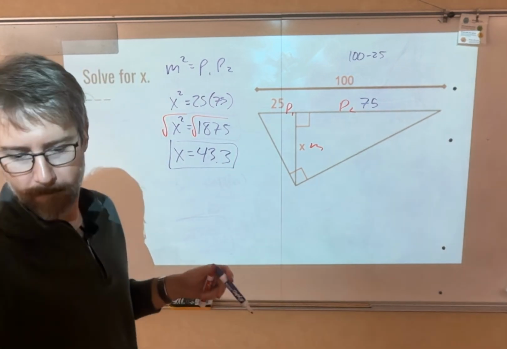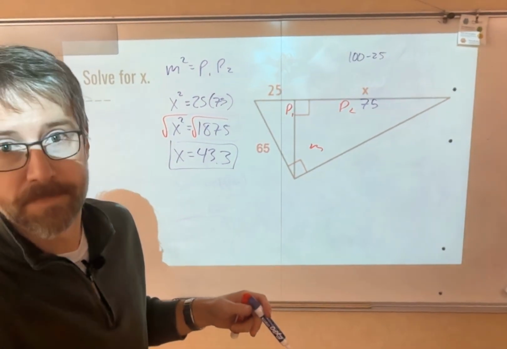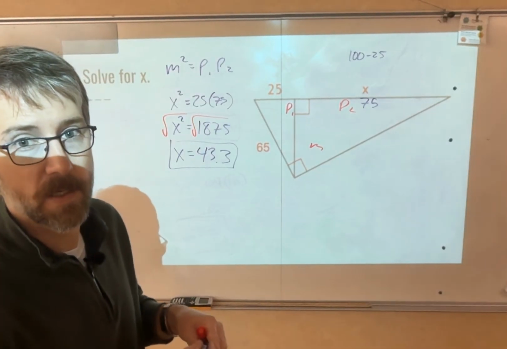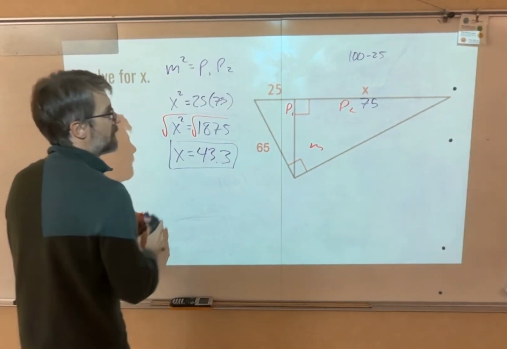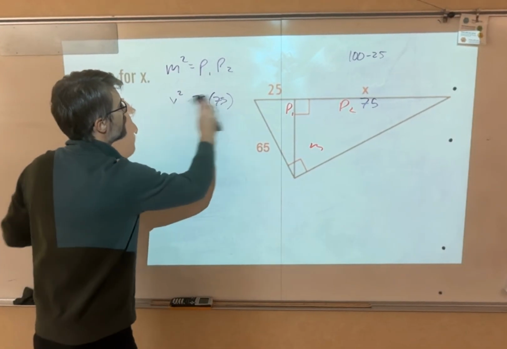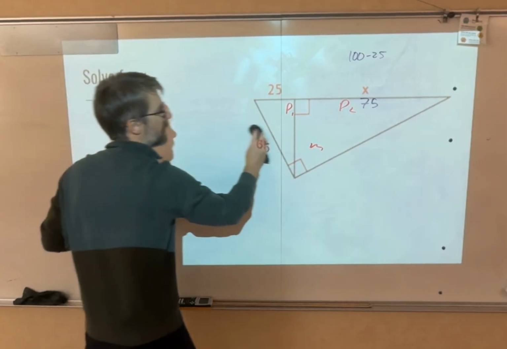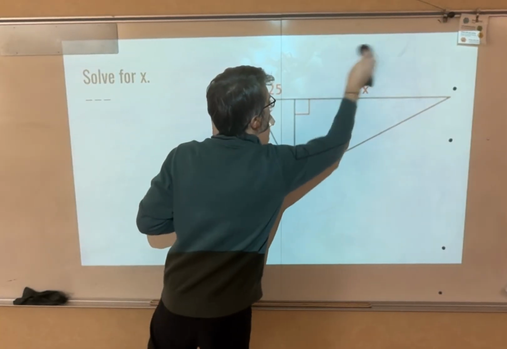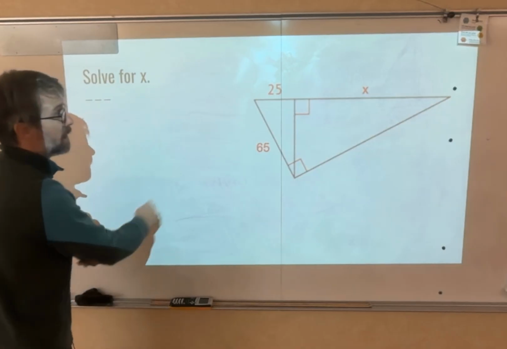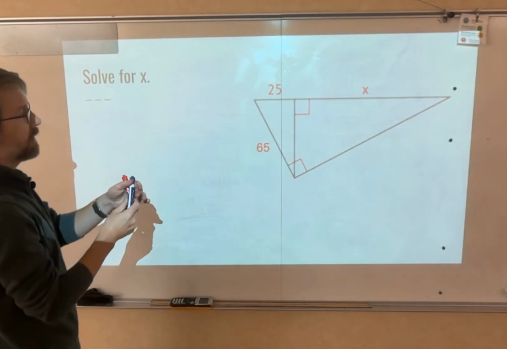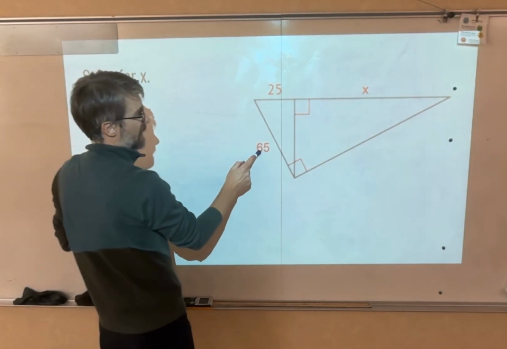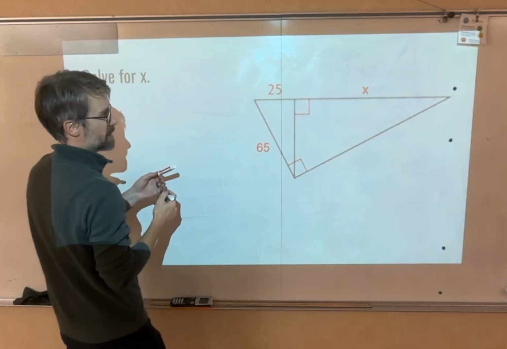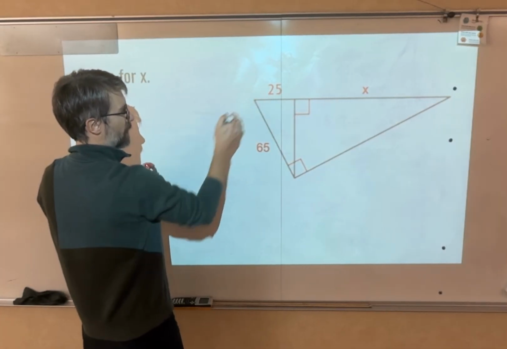All right, one more. Solving for x on this one. Ooh, this is going to be an interesting one. We'll see how this goes. Okay, I've got the outside, and I'm trying to find one of the parts, but not the part that's from the formula.